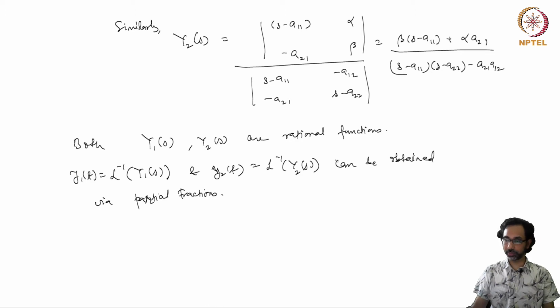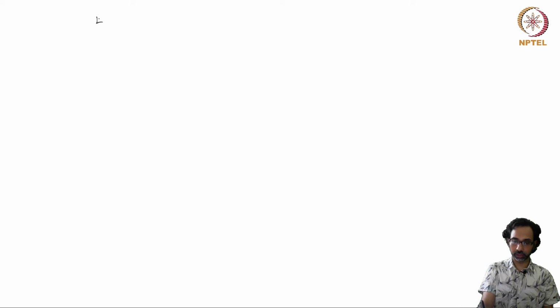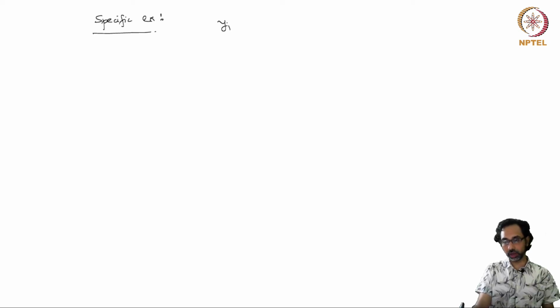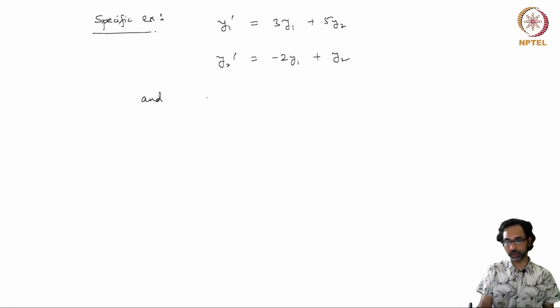So let us see a specific example. We have y1 prime equals 3y1 plus 5y2 and y2 prime equals minus 2y1 plus y2, and the initial conditions are y1(0) equals 0 and y2(0) equals 1.